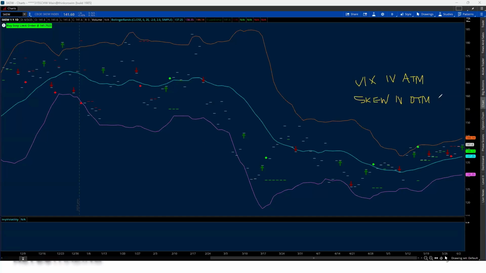Okay, that will often be hedged in some way, and that typically will be with out of the money put options.